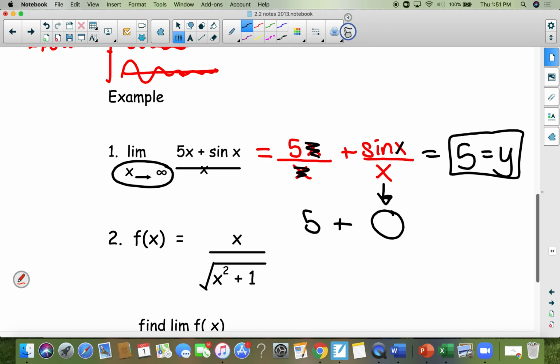See how it's kind of flattening out to the 5 way up there? It kind of looks like the other one, but it's definitely flattening out to a 5. And as you get bigger and bigger, it's flattening out to a 5. So, okay, moving on.